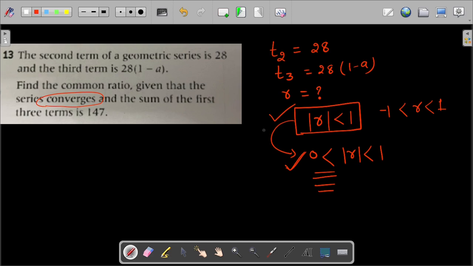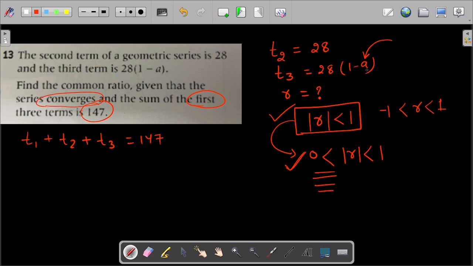So the series converges, it means the mod of r should be less than 1, and the sum of the first three terms is 147. So it means T1 plus T2 plus T3 will be equal to 147. It's a very tricky question. First of all, many students make a mistake: they take this a as the first term.